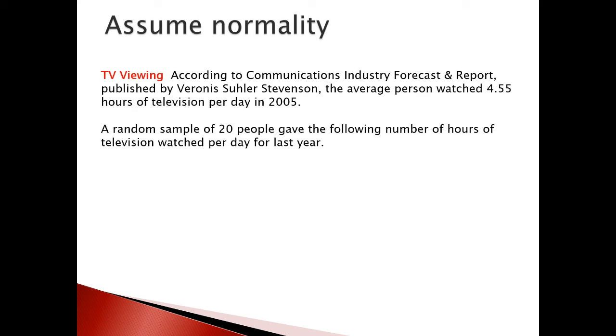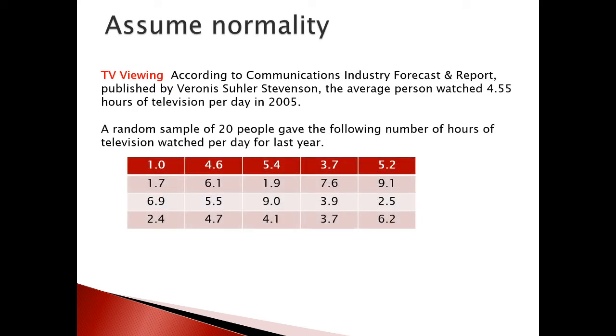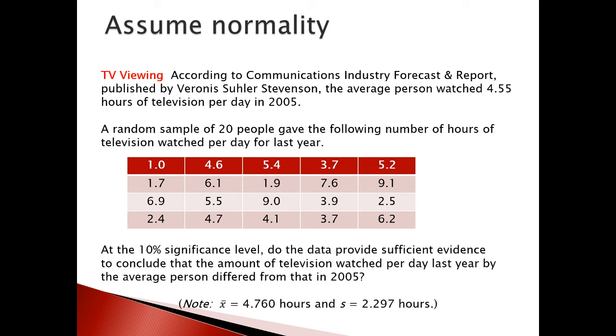Now we are going to see another example. This example is about 20 people. Here is a table of the number of hours of television watched per day. The significance level is 10%, so alpha equals 0.10.